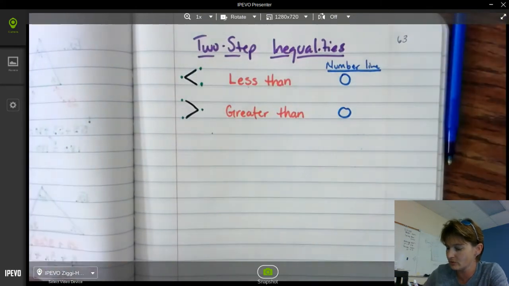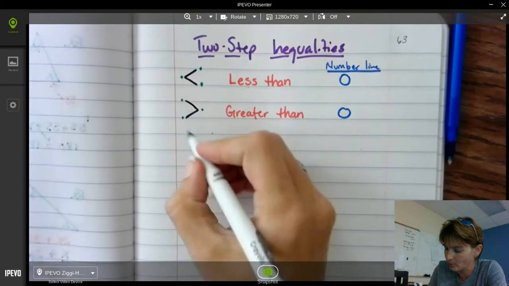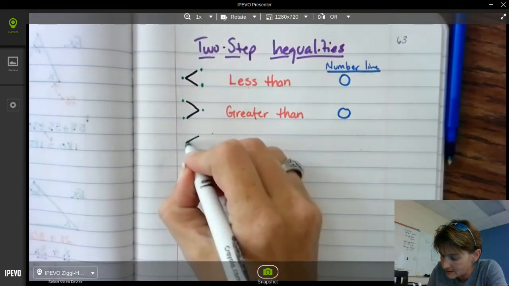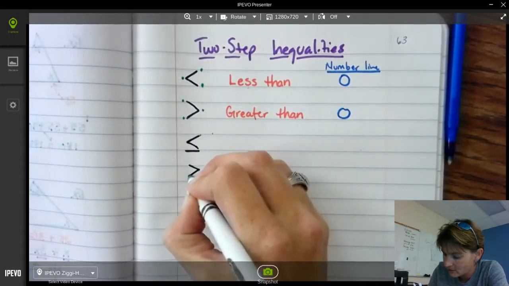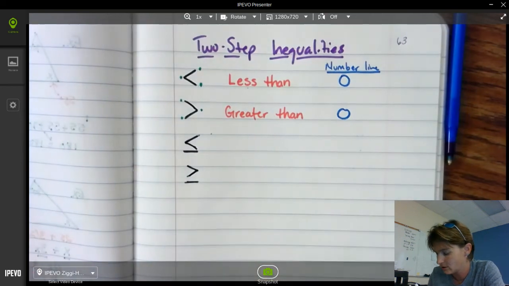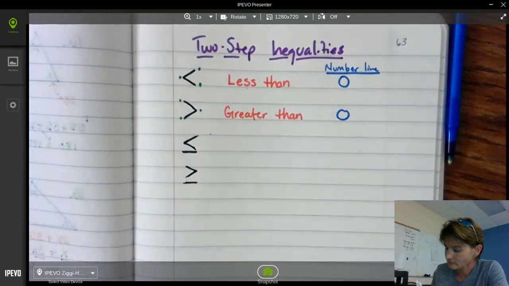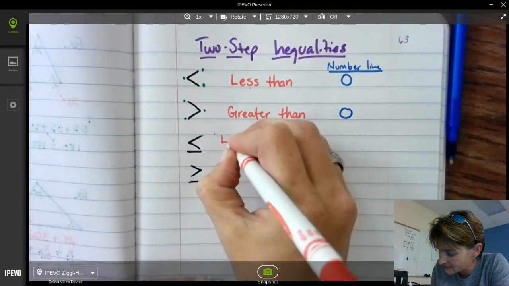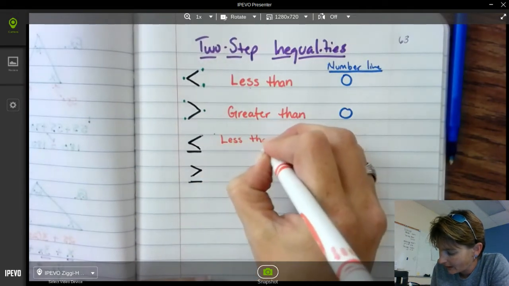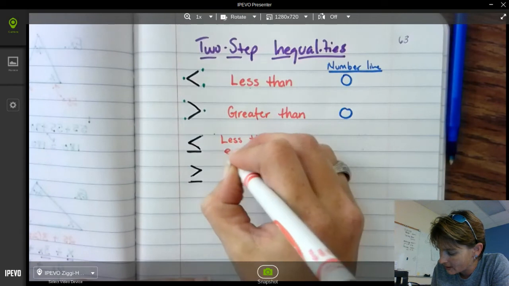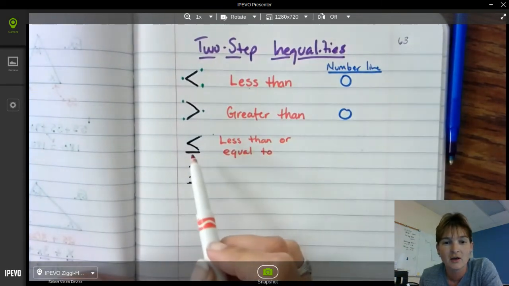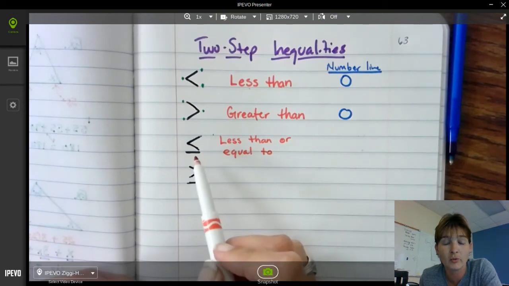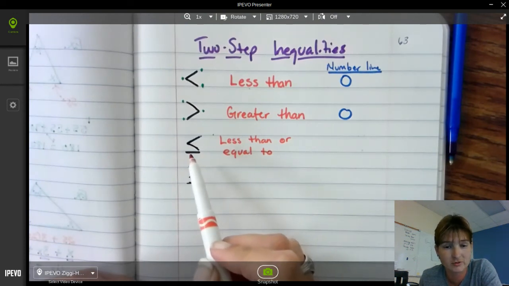The next two symbols we will incorporate are less than or equal to, and then greater than or equal to. So again, we have less than or equal to, and the equal to is one bar of our equals symbol.